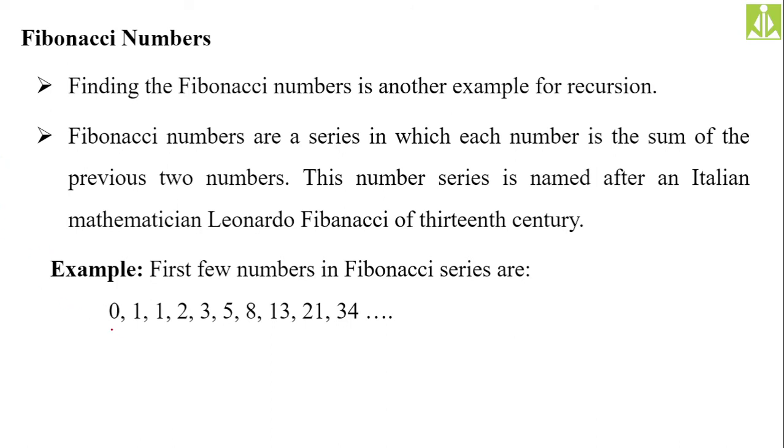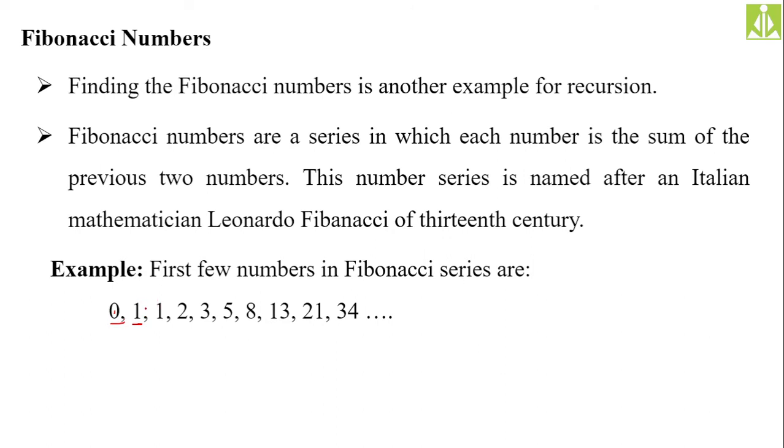And to get the next number, the third number in your Fibonacci series, what you have to do is add the first two numbers. Or we can say add the preceding two numbers, or add the previous two numbers. A particular number in the Fibonacci series is the sum of the previous two numbers.